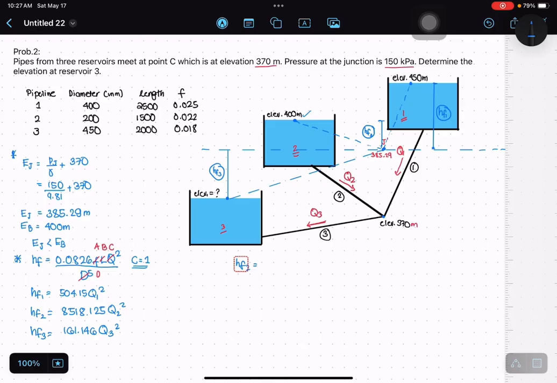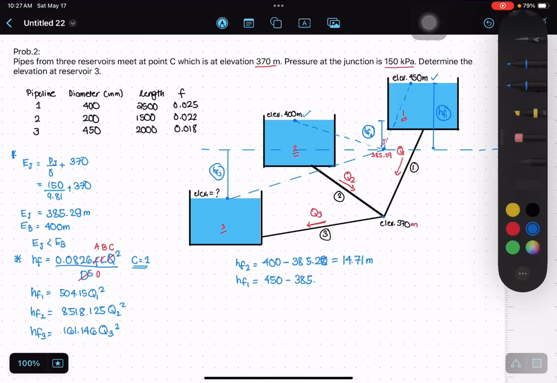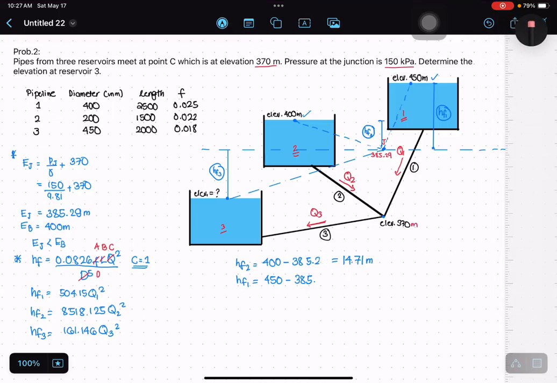So, HF2 is 400 minus 385.29, and lalabas dyan is equals to 14.71 meters. So, we do the same for HF1. Ang HF1 naman is 450 minus the elevation ng J prime, 385.29. So, this will be equals to 64.71 meters.